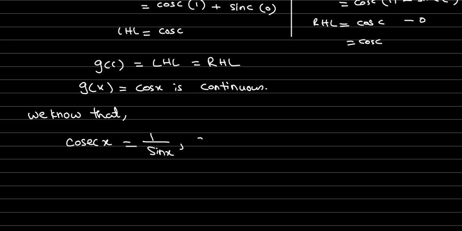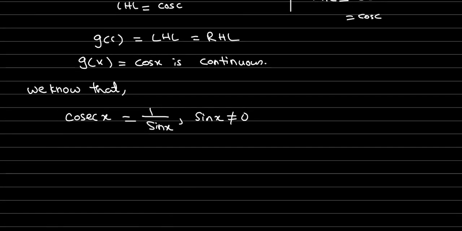So make sure you write sin x not equal to 0. Where does sin x become 0? Multiples of pi. So cosecant is continuous, where x should not take multiples of n pi, where n belongs to some integer.